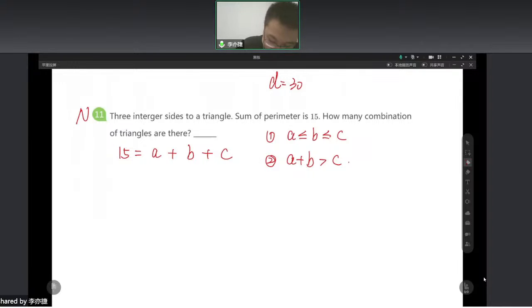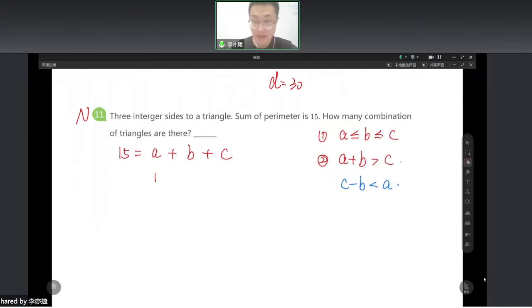So now we start with A, the smallest, A equal to 1. There is an easier way for you to do this, because instead of using the sum of the 2 smaller sides being larger than the third, we can use another one: C minus B is smaller than A. This is easier for us to find all the answers.